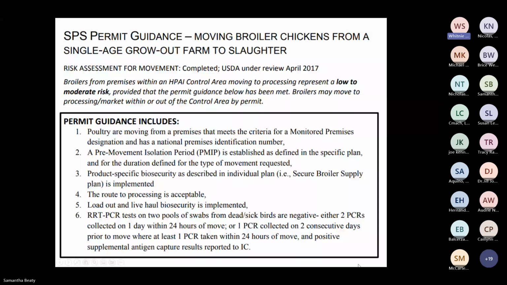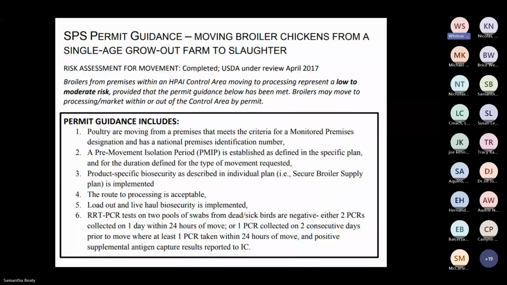We may have to put in place a pre-movement isolation period. A lot of times this is specified as a 5-day period. This can change depending on where we are in the outbreak. This is basically to say that for a certain number of days before the movement takes place, you're following the enhanced biosecurity.